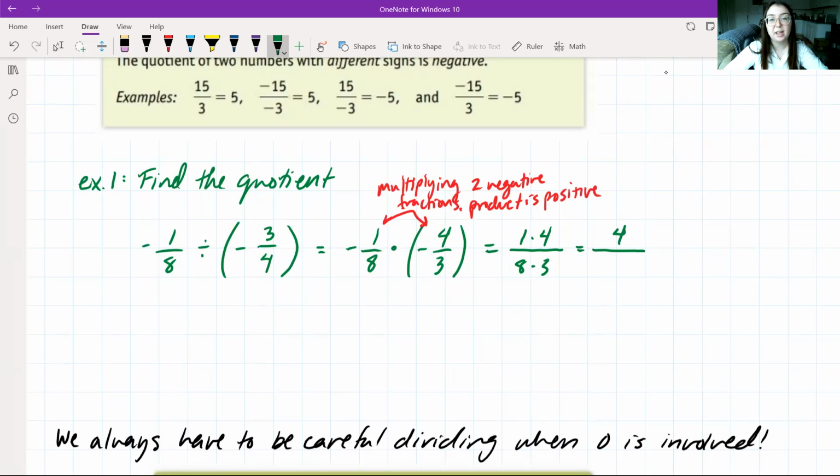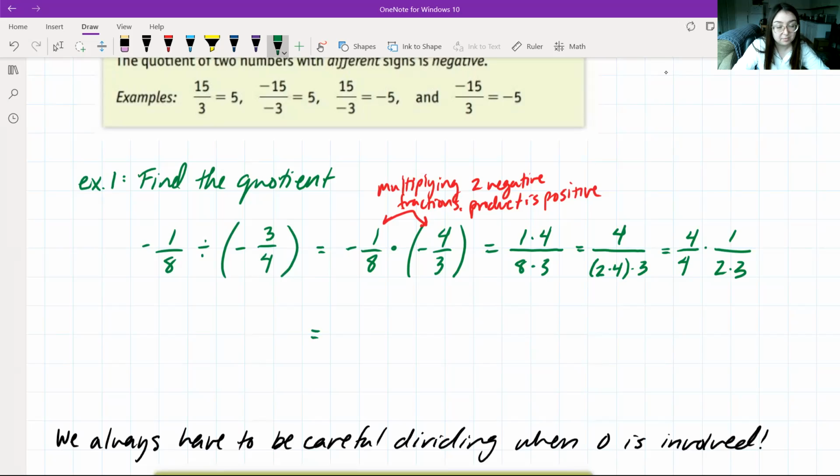We know we can separate 8 into 2 times 4, so now we can use our property of 1, because now we have a 4 in our numerator and a 4 in our denominator. So we can write this as 4 divided by 4 times 1 divided by whatever was left over, which was 2 times 3.